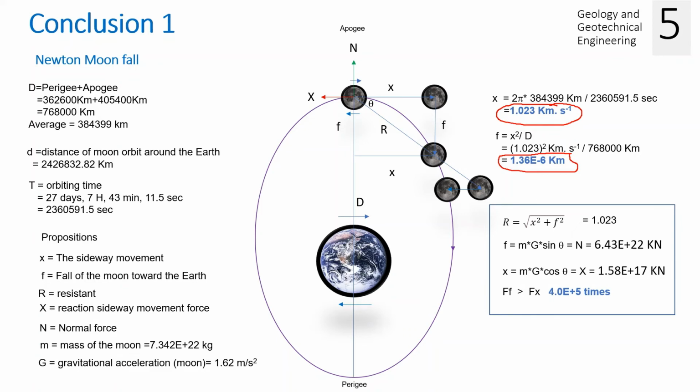The magnitude of these two forces shown here shows us that the falling down forces are about 400,000 times bigger than the sideways forces movement of the moon.